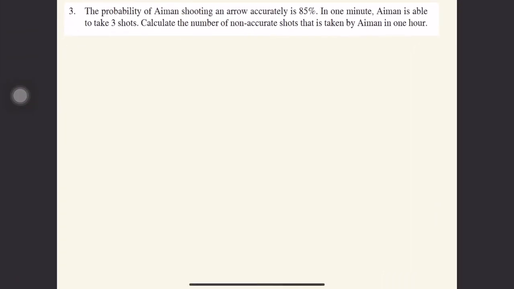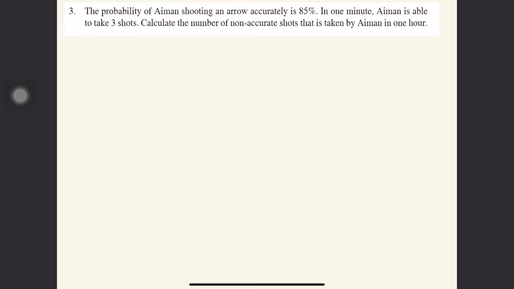Let's proceed to number 3. The probability of Aiman shooting an arrow accurately is 85%. If in 1 minute Aiman is able to take 3 shots, calculate the number of non-accurate shots taken by Aiman in 1 hour.